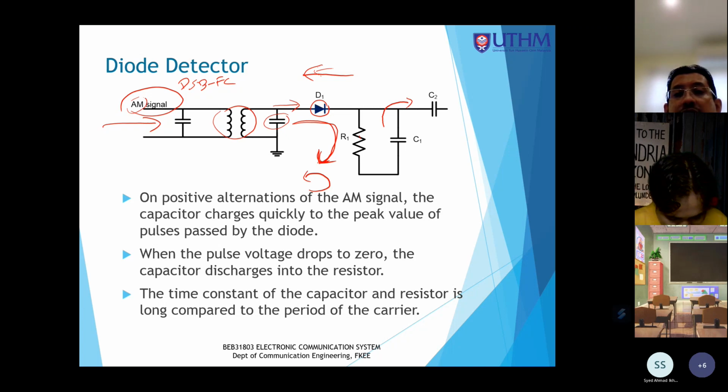Okay, so this RC plays like a fast charging battery. Dia seperti battery fast charging. Switch on, dia charging, discharge, and so on. While this C2 capacitor will remove the DC bias voltage. Dia akan buang DC bias voltage.